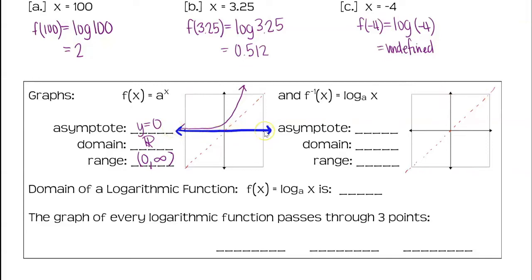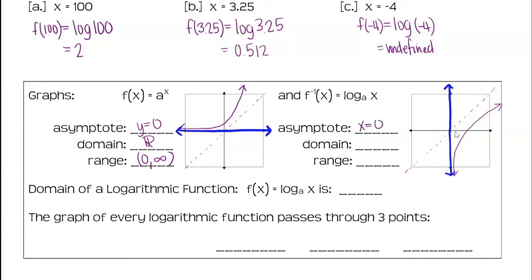It's going to become a vertical asymptote at x = 0, and our function is still going to go along the asymptote. This one shoots off to infinity this way. It's going to come along this vertical asymptote and shoot off to infinity this way. So it looks something like that. So now our asymptote is vertical at x = 0.